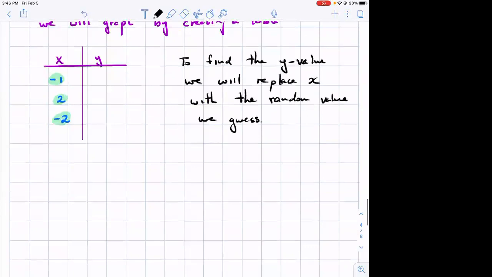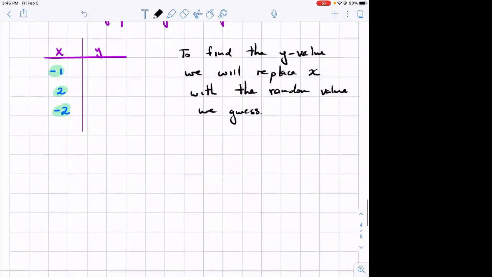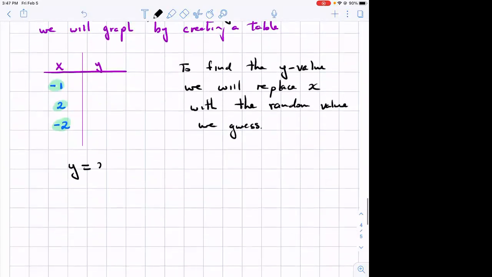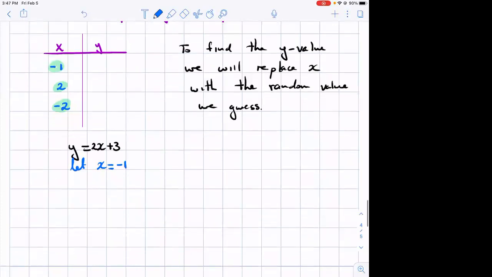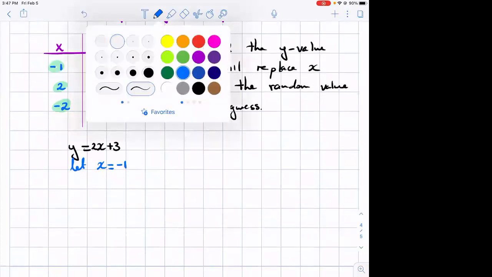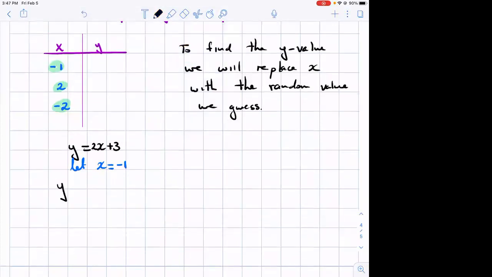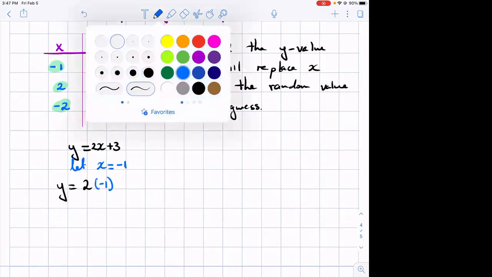Okay? So the first thing, the equation is y equals 2x plus 3. So let x equal -1. If I do this, I have y is equal to 2, and then in parentheses, -1, plus 3.